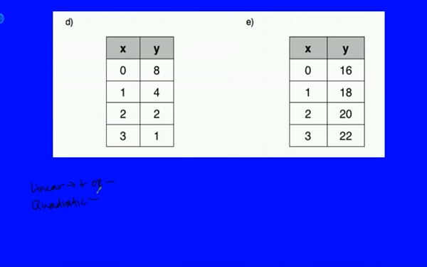A quadratic is either going to increase, then decrease, or decrease, then increase. You also may notice some numbers start to repeat. And with an exponential, you'll either multiply or divide.